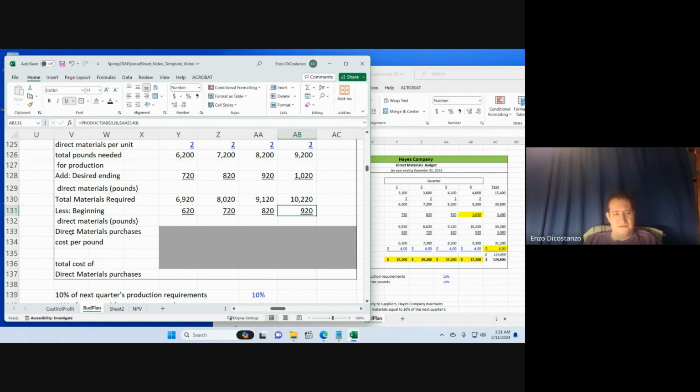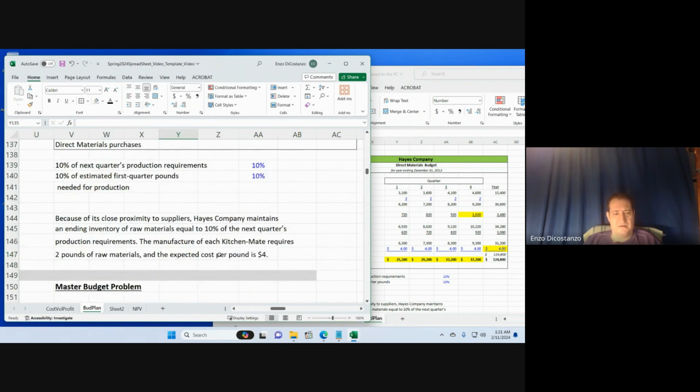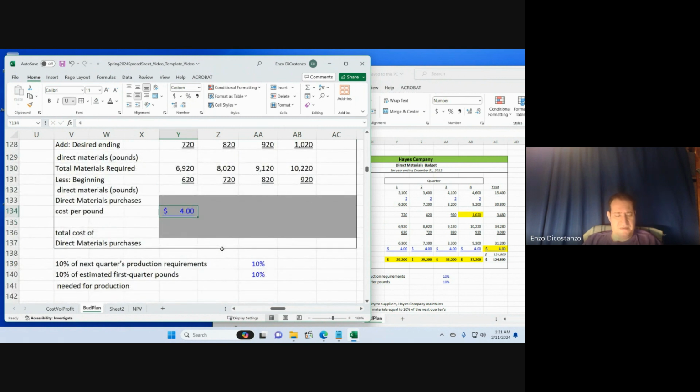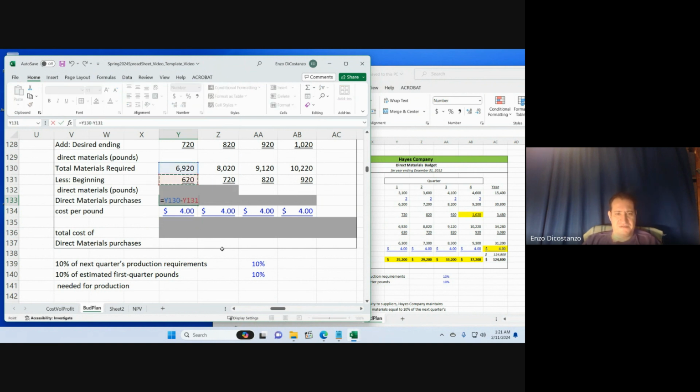And now you have the direct material purchase cost. The cost per pound is $4. That we're given at the bottom here, right? Whatever the metals or something like that. And clear that out. Control R. Okay. And the purchases would be, because you're going to start with the 6,900 and you subtract out 620.